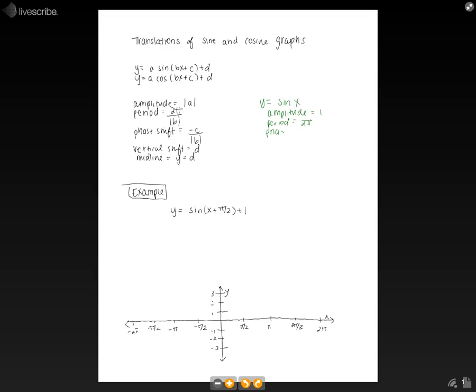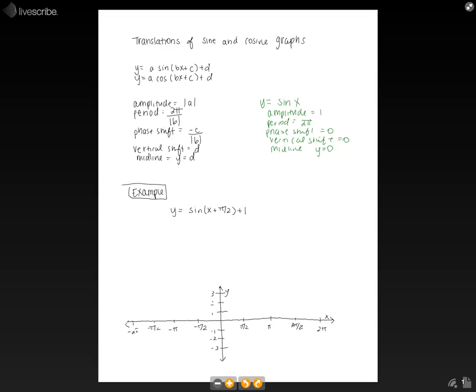The phase shift is 0 because there is no c value, so c is 0. And the vertical shift is also equal to 0 because there's no value for d. And the midline would be at y equals 0.